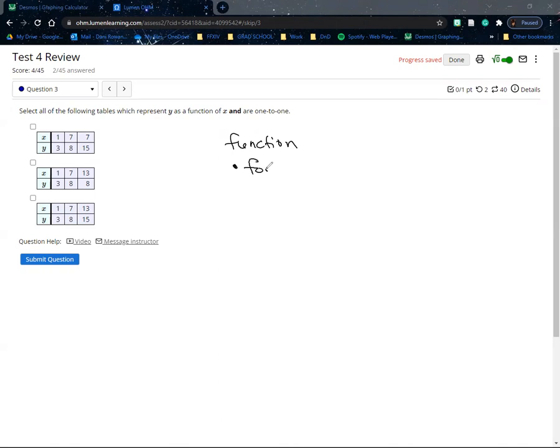Right, for every x, there's exactly one y. Which also means that it passes which test? Which test does it have to pass, vertical or horizontal, to be a function?